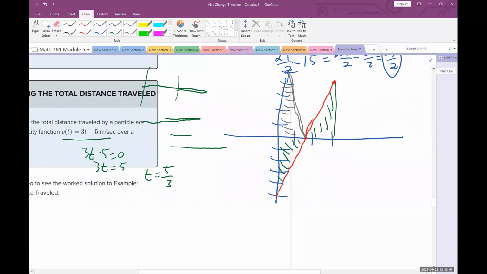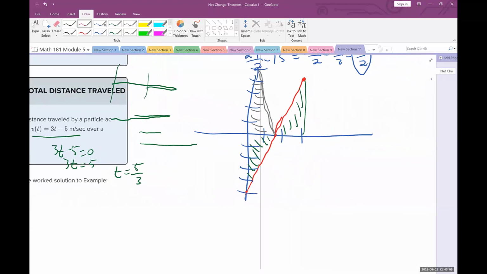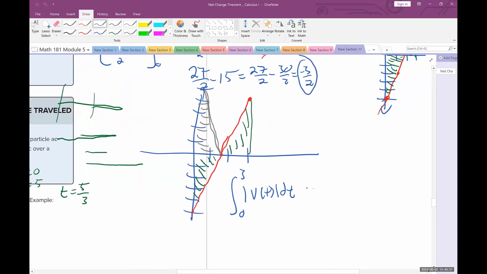And the way we do this is we say the integral from 0 to 3 of the absolute value of the velocity function, v of t. So we want it as a positive thing only. And so this turns into two different functions.